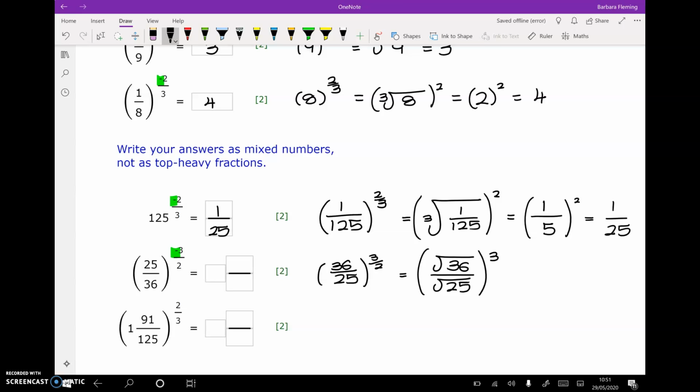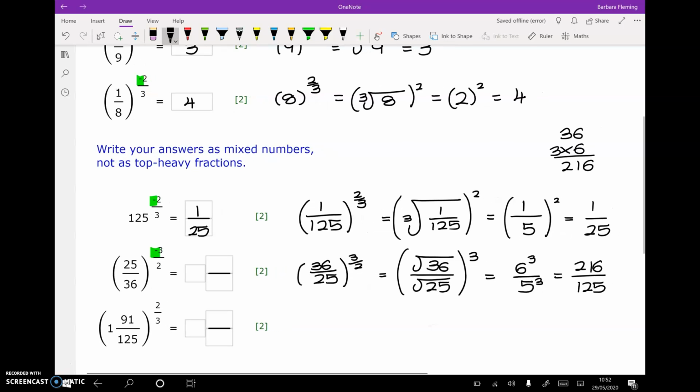And then to the power of 3. So the square root of 36 is 6, the square root of 25 is 5, and we're going to cube each of these. Okay, 6 cubed, 6 times by itself 3 times, so 6 squared is 36, times by 6. 6 sixes, 36, 6 threes, 18, 19, 20, 21. So we've got 216, and then 5 cubed, we've already done that, that is 125.